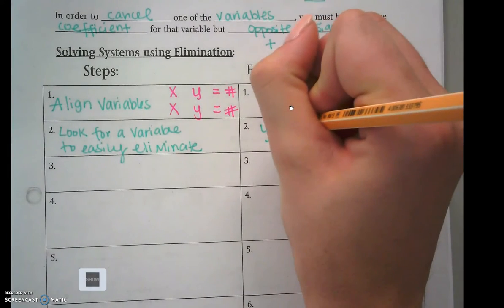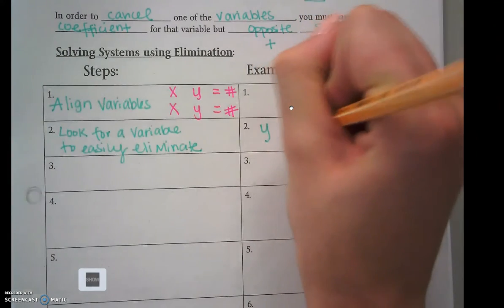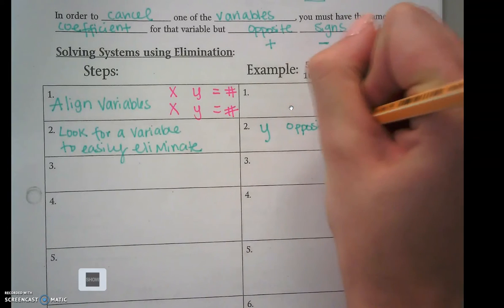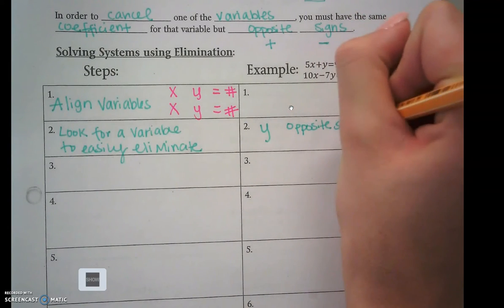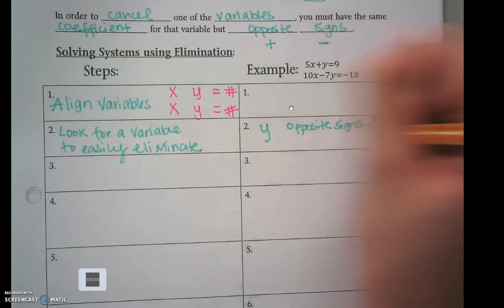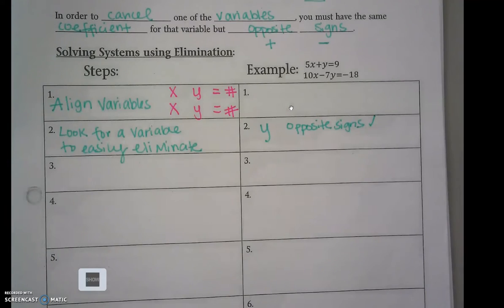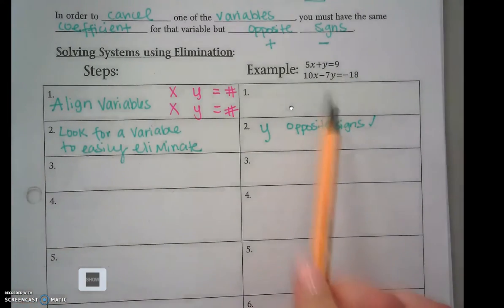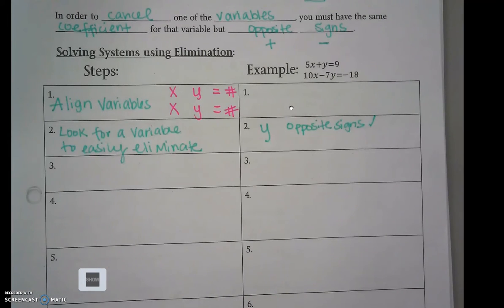I have opposite signs, which is good. However, I'm missing one of my conditions. I don't have a 7 in front of each of those y's. But this is where the next step comes in.